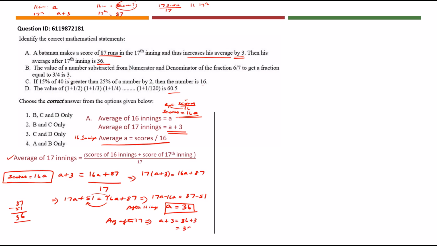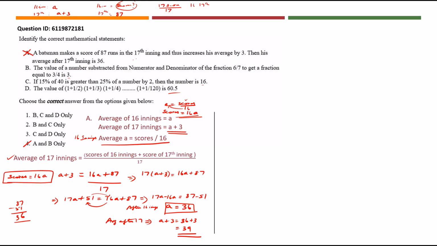So the average will be 39. 39 will be the average after the 17th inning. But the one mentioned in the statement is the average of 16 innings. The average of 17 innings will be 39 and not 36. So A is definitely wrong. Only one option is involving A, so we will rule out that particular option.